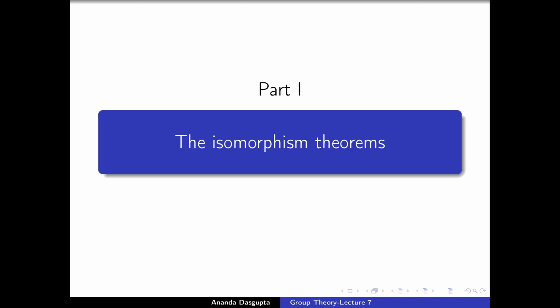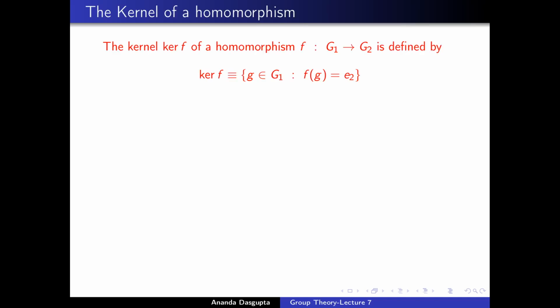But before we get into the isomorphism theorems, we need to build up the background a bit. In particular, we need to introduce you to a very important subset that comes out of the notion of homomorphisms. This is called the kernel of a homomorphism. So, given a homomorphism f from G1 to G2, the kernel of f, denoted ker f, is defined as follows.